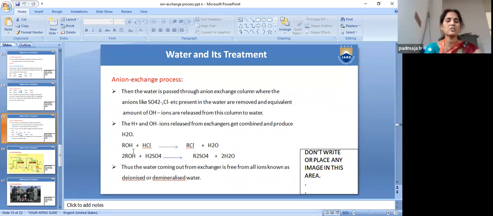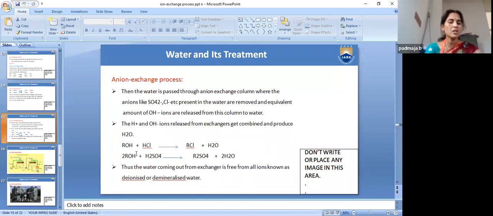We can write the reactions here. ROH, that is the anion exchange resin, plus, so what we passed water from the first chamber to the second chamber. The water is containing HCl, the water is containing H2SO4. Now the water containing HCl is nothing but containing H+ ions and chloride ions.